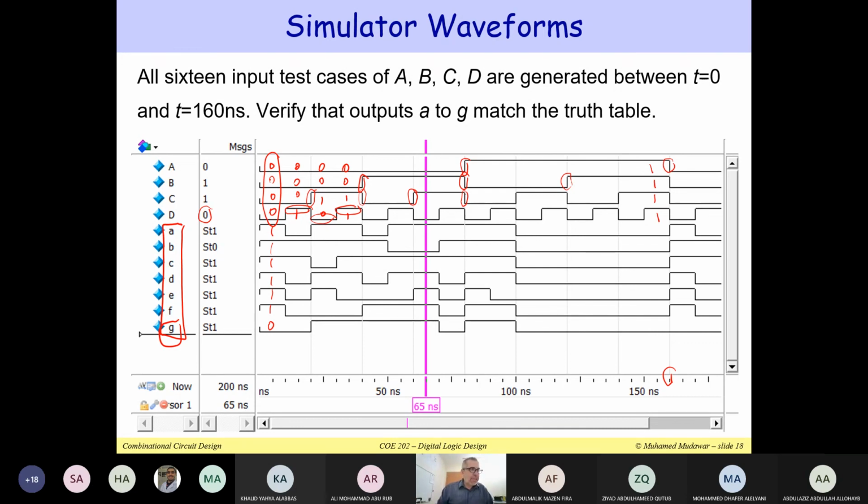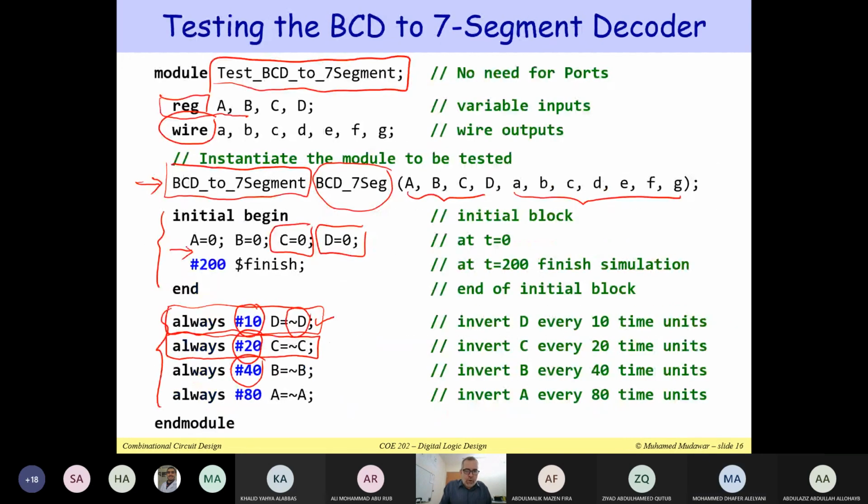Right, so we have seen this. Yes, Muhammad, go ahead. The delay on the always is based... It's very important, yes. Because you made it in a way that it's similar to how the values change in the truth table, right? So if you go back here, I always doubled.